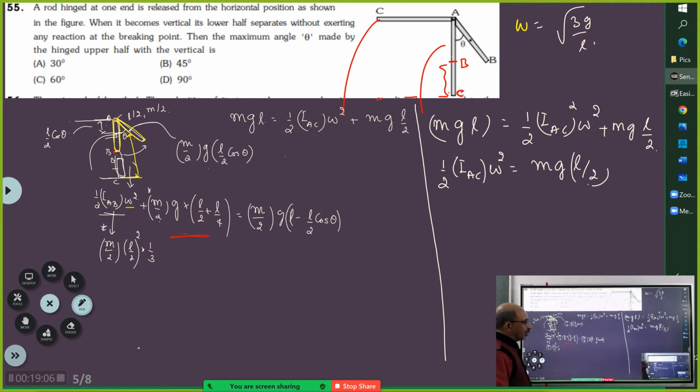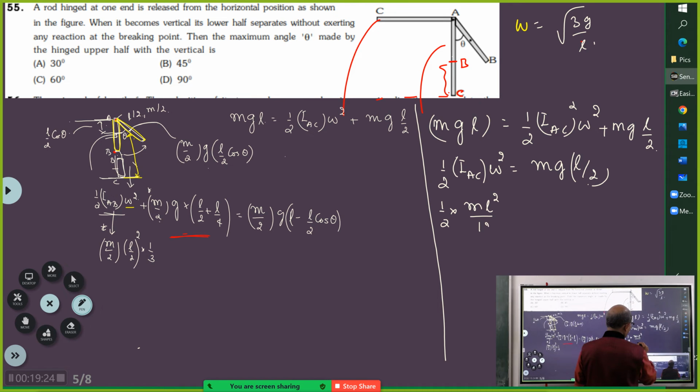We can substitute for I_A and you will get omega square. That is precisely what you have done. Correct? Okay, fine. So you substitute for I_A here. For I_A about A, you are substituting mL square by 3, into omega square is equal to mg L by 2.